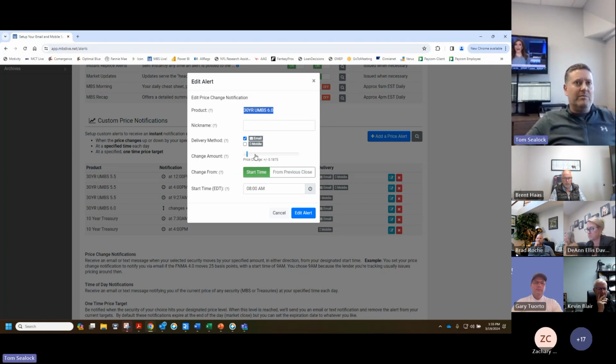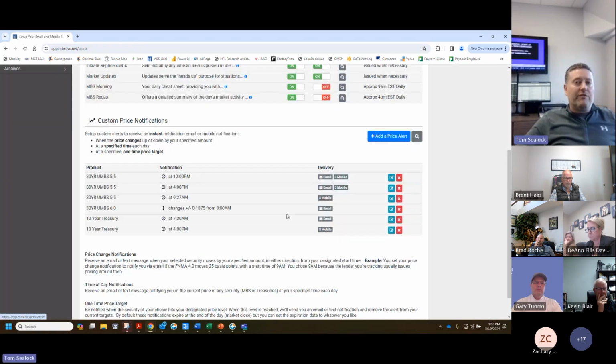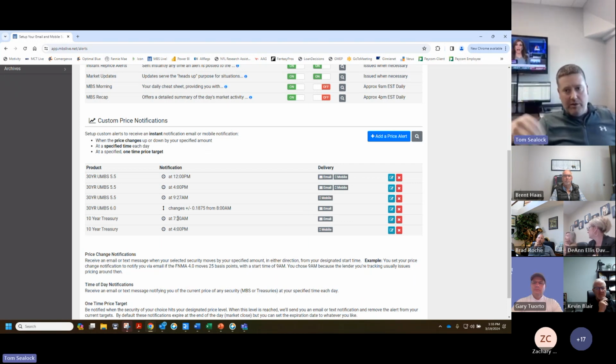I have it at 18 basis points. So if the market moves more than 18 basis points on the Fannie 6, up or down from 8 o'clock on, I'm going to get an email.